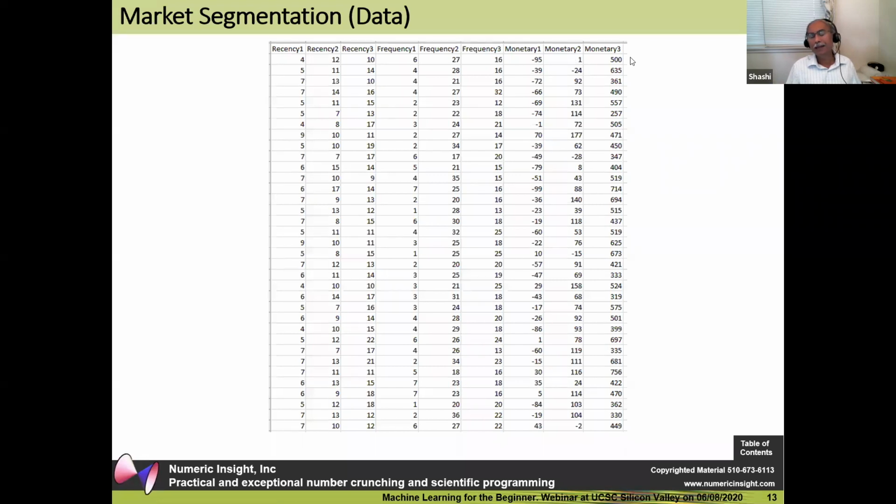What does that mean? That really means that there are 3 departments within that website, within that e-commerce entity. They could be books, electronics, and apparel, for example. So this says something about how recently did that customer buy books? How recently did that customer buy electronics, and so on?